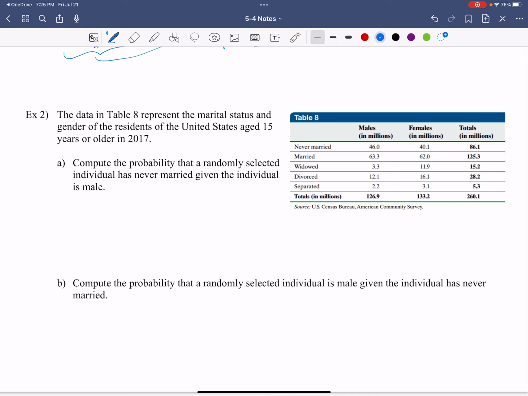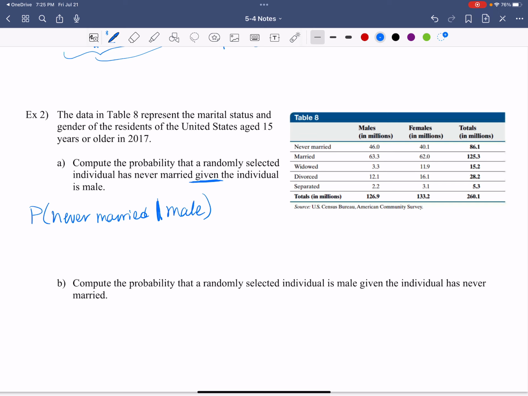Okay, so we want to compute the probability that a randomly selected individual has never married. Remember, we're doing these special words. There's our special word: given the individual is male. So we want the probability of never married given we have a male.